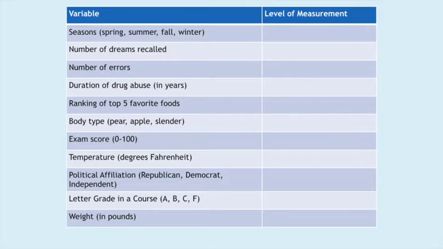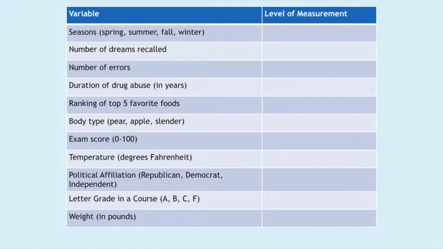One is not inherently better than another. The next example is exam score. So if you can get a 0 to a 100 on an exam, what would that level of measurement be? Continuous. Since the scale goes from 0 to 100 and it's numeric, it's continuous.